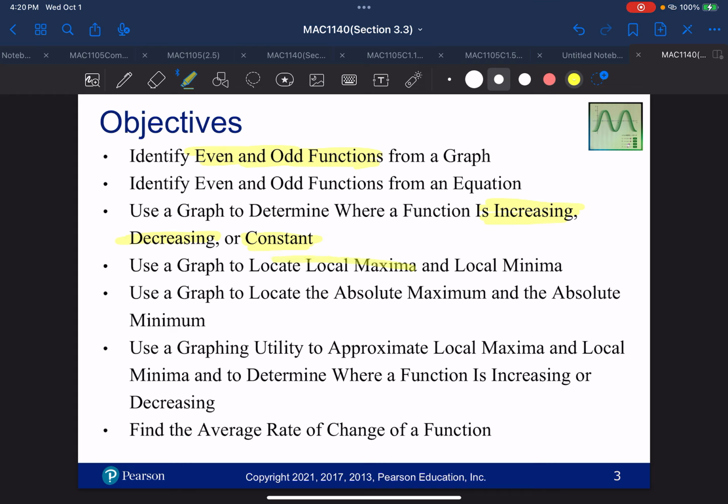And we are going to talk about how to locate local maximum and local minimum, and also absolute maximum and absolute minimum, and how to use our calculator to find all of these as well. And then we're going to talk about the average rate of change of a function.